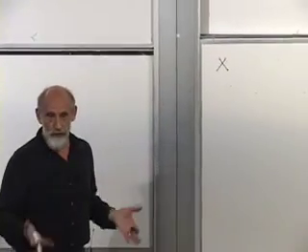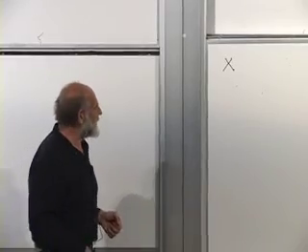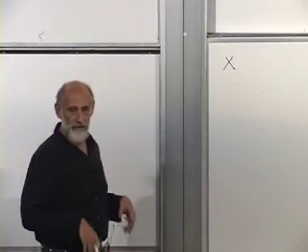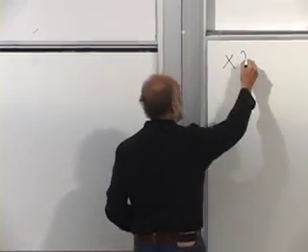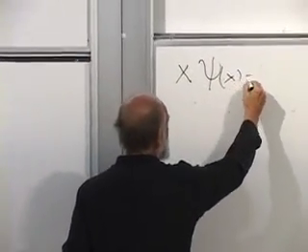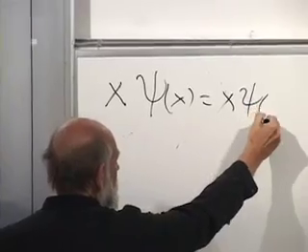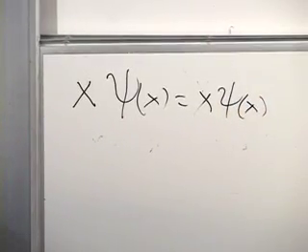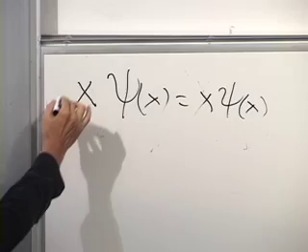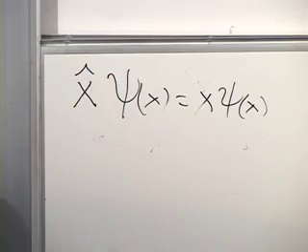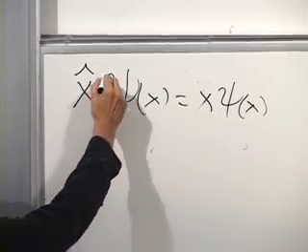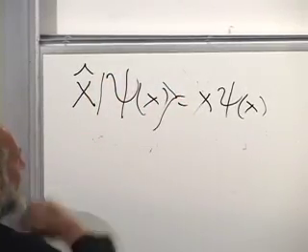X just multiplies the wave function by x. I don't know how to write this except to write that x acts on psi of x to give x times psi of x. That's a stupid looking equation, isn't it? Oh, I know what to do. Let's put a hat over it to indicate that it's an operator, and put a ket vector around this to indicate that it's a ket.